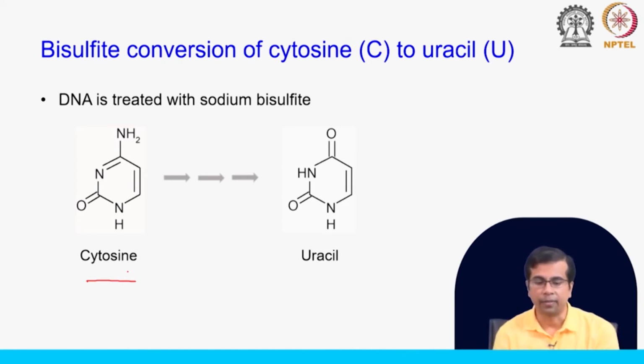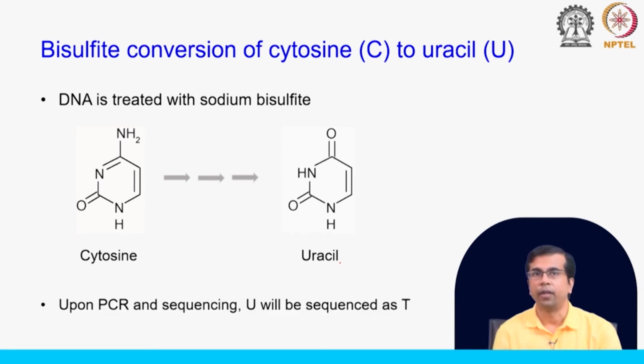After these steps, what you get is uracil. So, cytosine is converted to uracil by the bisulfite treatment. Now, once you have this uracil, if you do PCR on this DNA fragment and then sequence, this U will be sequenced as T. So, you will observe T in the sequence data instead of cytosine.